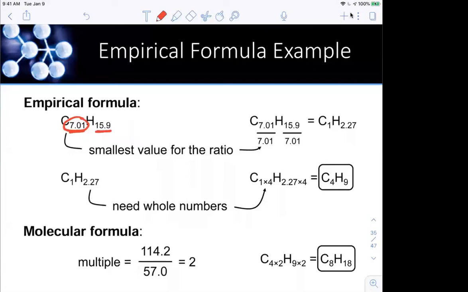This goes to 1, and this goes to 2.27. Well, that's not within 0.1 of a whole number. That's the one thing I now have to multiply by 4 in step 5 of the procedure.